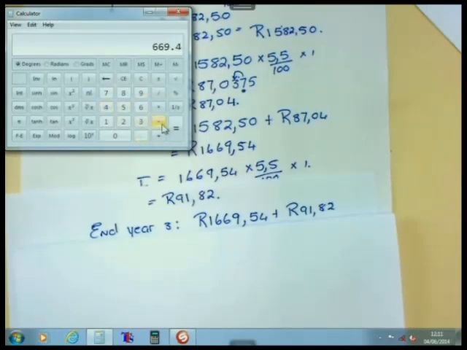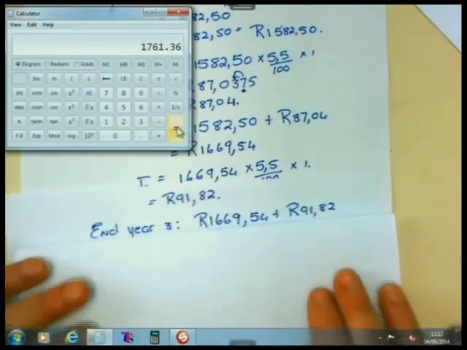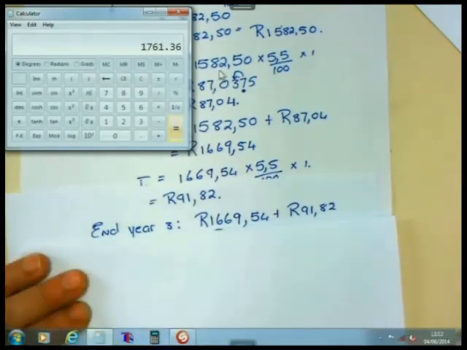Let's work this out on the calculator. 1669.54 plus 91 rand and 82 cents, and our final amount is 1,761 rand 36 cents.